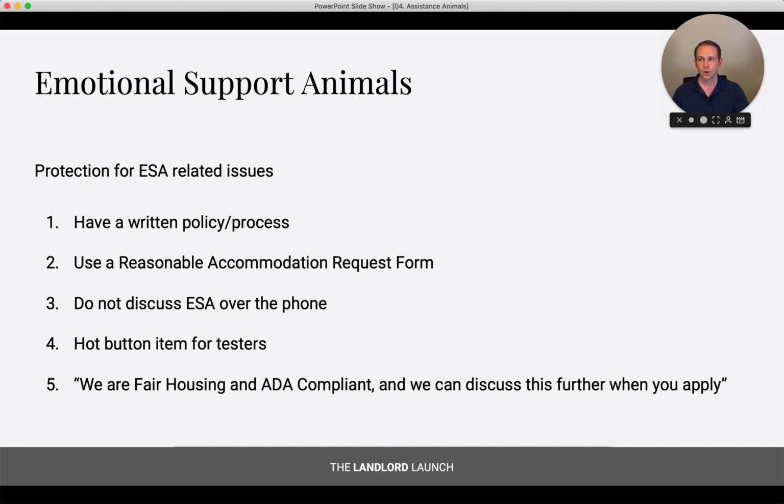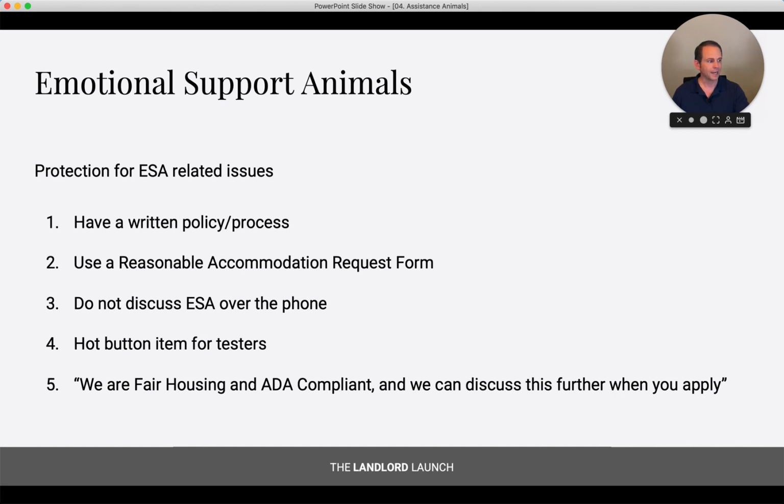A lot of these testers are with community based fair housing organizations that are private, either nonprofits, but their whole deal is going out and basically finding areas of discrimination and the social justice type stuff. So just be careful of that. It's very real.